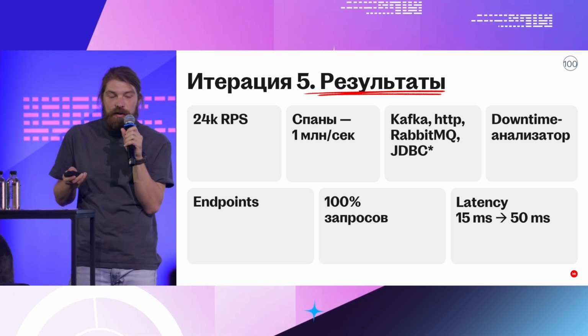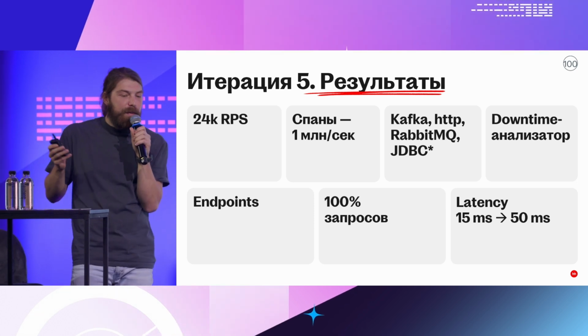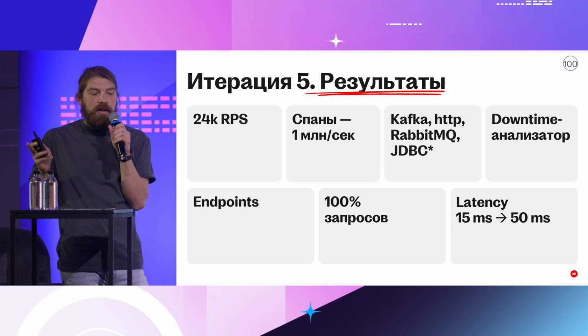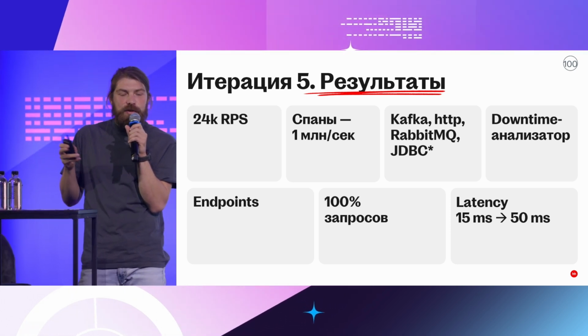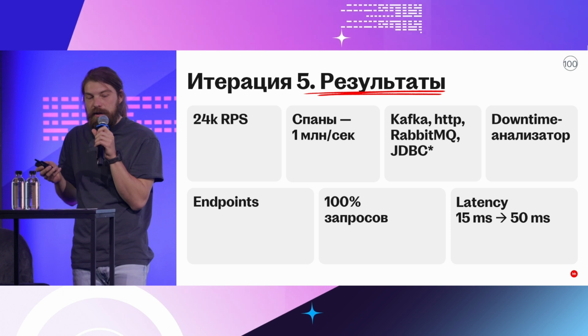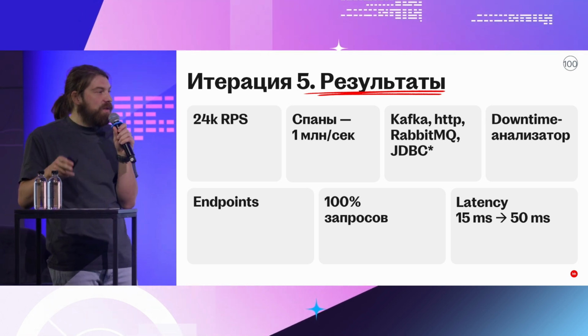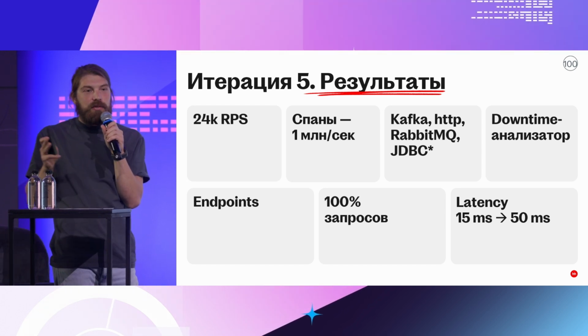The input RPS is about 24,000 requests per second, 1.2 million per day. We covered HTTP, Kafka, RabbitMQ, JDBC on the request. One of the most valuable acquisitions of tracing was downtime analyzer.